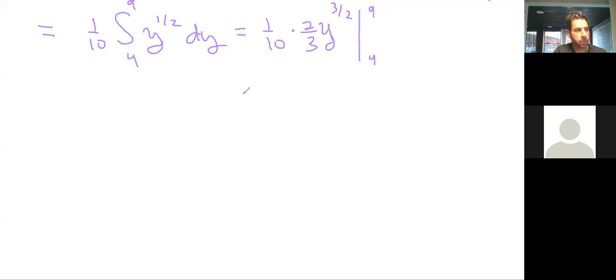So if you do some arithmetic, this becomes 1/5 times 1/3. So this is 1/15 times 9 to the 3/2 minus 1/15 times 4 to the 3/2.